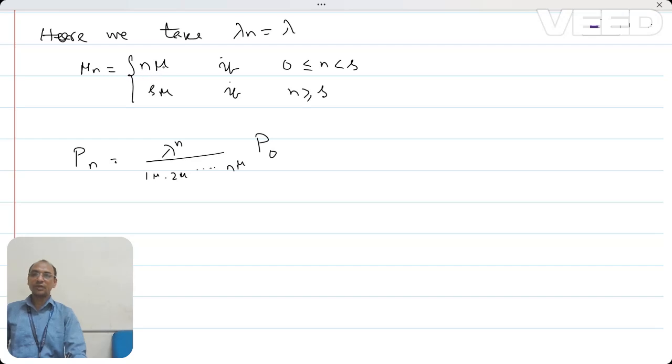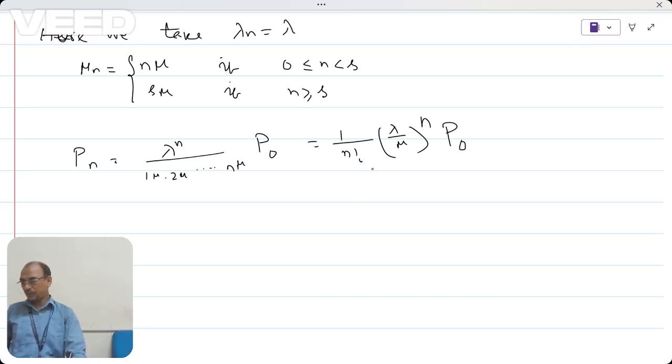So mu1 will be 1 mu, mu2 will be 2 mu, mu3 will be 3 mu, and so on. 1 into 2 into 3 up to n is n factorial. So we will get 1 by n factorial into lambda by mu to the power n into p0. This is the case when the number of customers is less than the number of servers. So this is the value of pn.